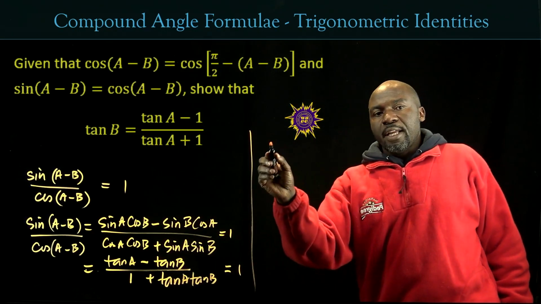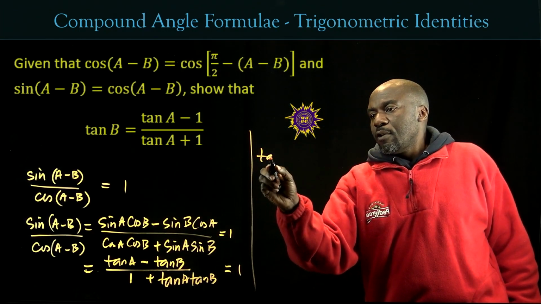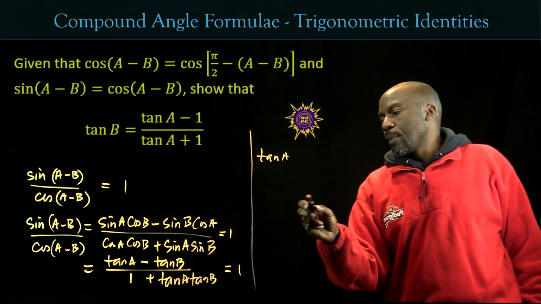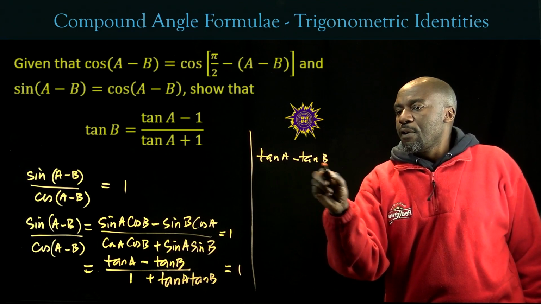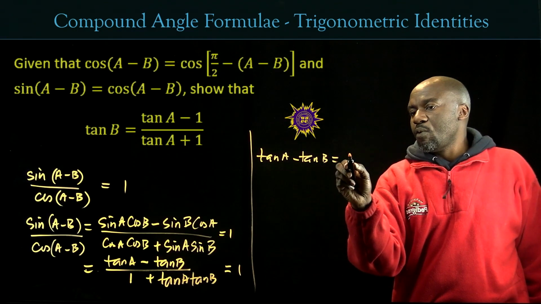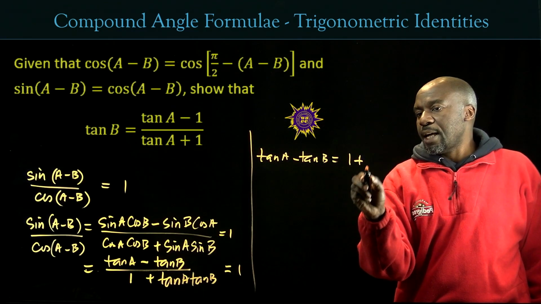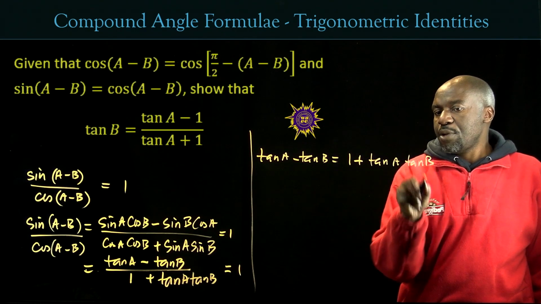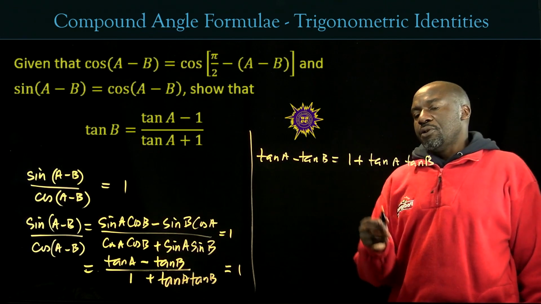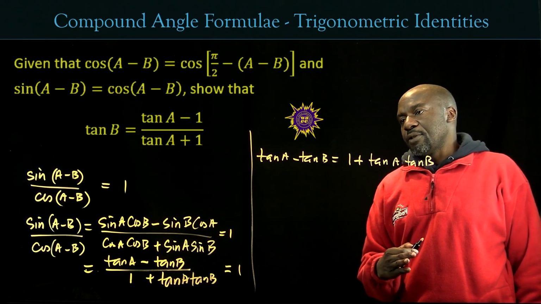So I end up with tan of A minus tan of B must be equal to 1 plus tan A tan B. And now I'm going to collect like terms together.